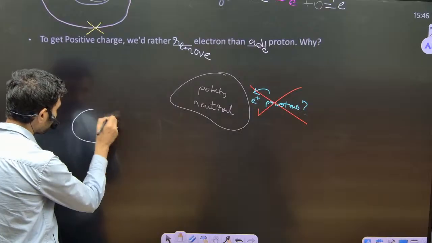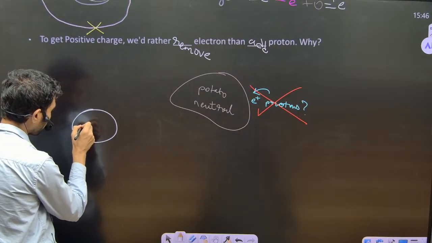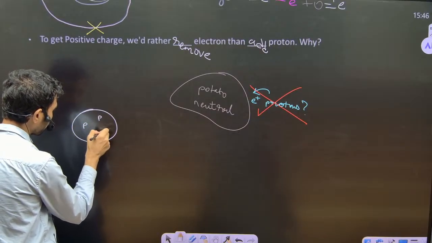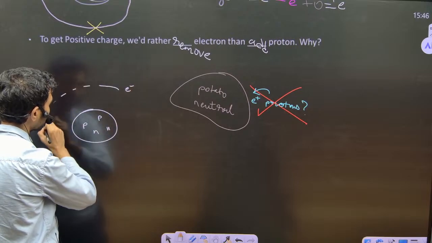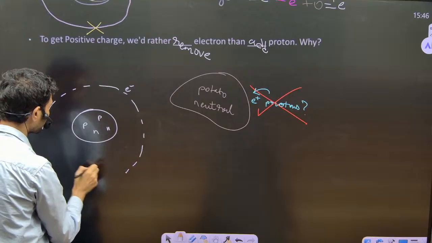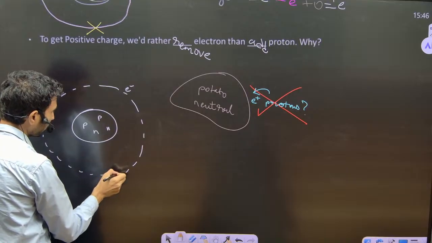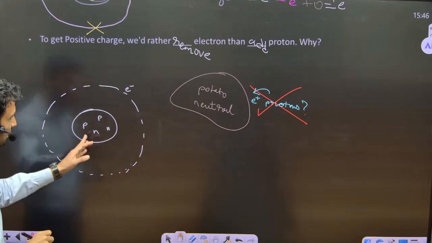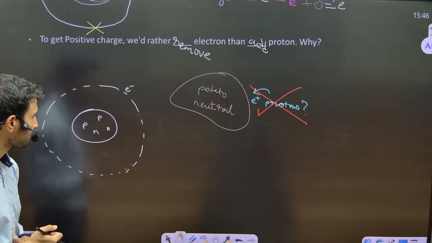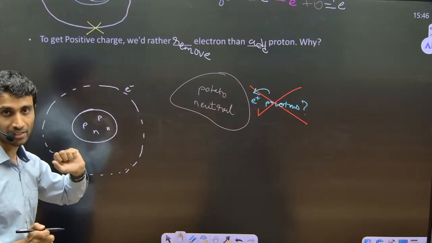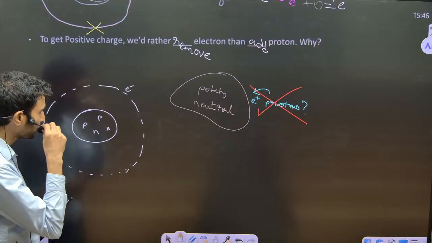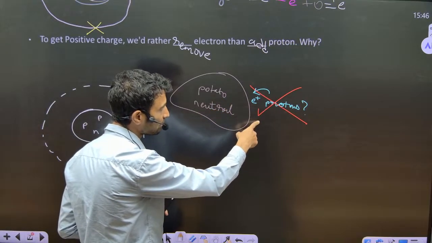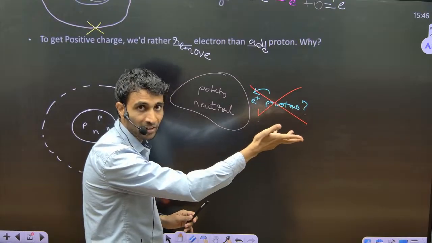Now if you see, this is your nucleus and you have got protons, neutrons, and a bunch of free electrons running around the surface. Now kids, protons live inside the nucleus, whereas electrons don't live inside the nucleus. So if you were to add protons, you'll have to get protons from somewhere, and where will you get them from?